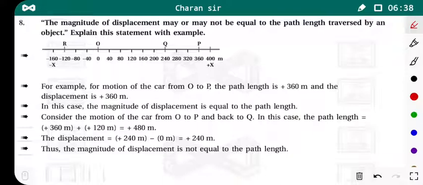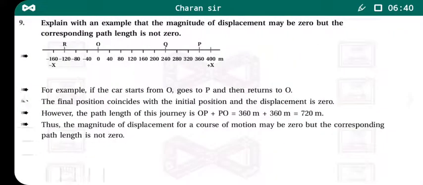Now the next question: explain with an example that the magnitude of displacement may be 0 but the corresponding path length is not 0. Now we consider one example in which we try to understand that the path length can never be equal to 0 but the displacement may be equal to 0.